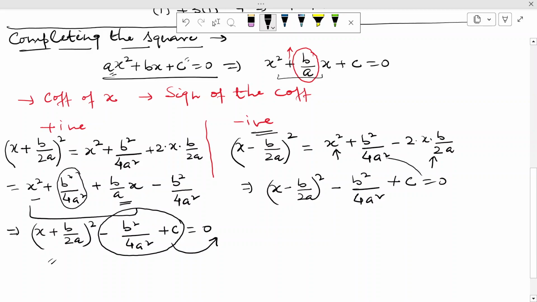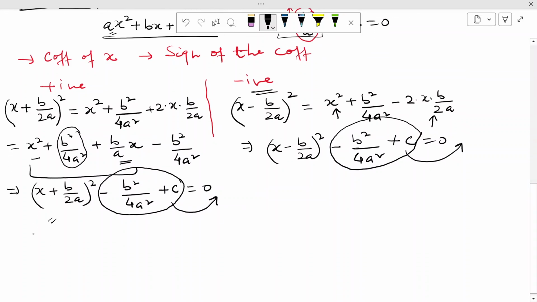So again we transfer this constant towards the right hand side and we will solve the equation.